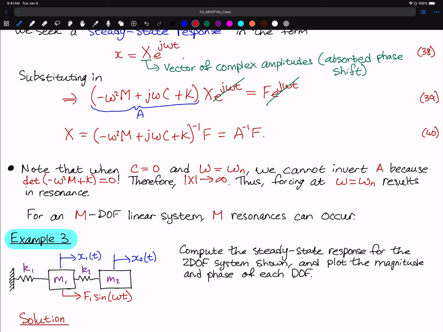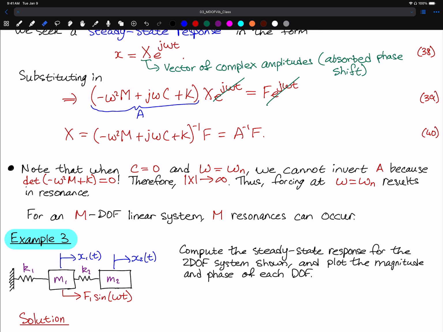Okay, so we should note that when we have no damping in the system and the forcing frequency is equal to a natural frequency, whatever that natural frequency is, it doesn't have to be the first or second, it can be any natural frequency. Whenever this is true, we are not going to be able to invert the matrix A because the determinant of minus omega squared M plus K will be equal to 0.